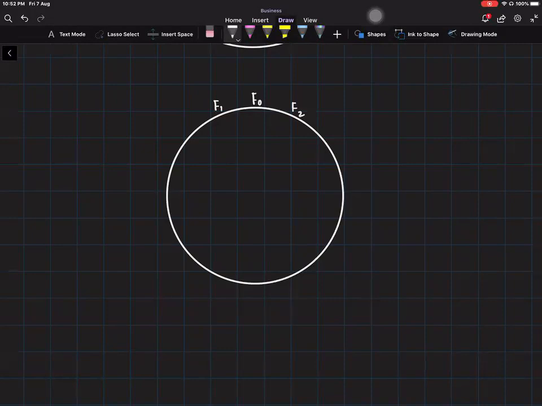You will have your FP here and essentially your FP5, FP7, F6, F8.